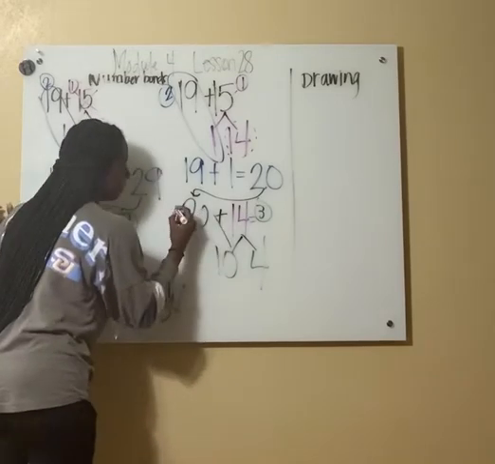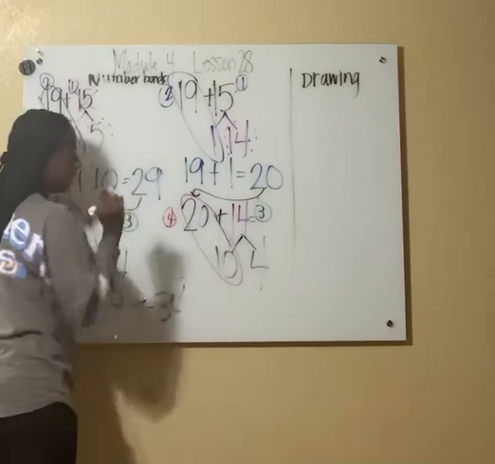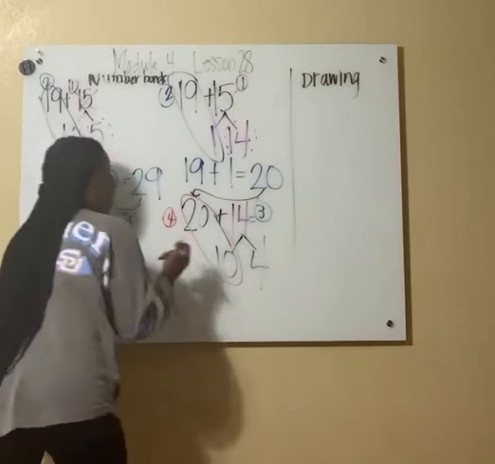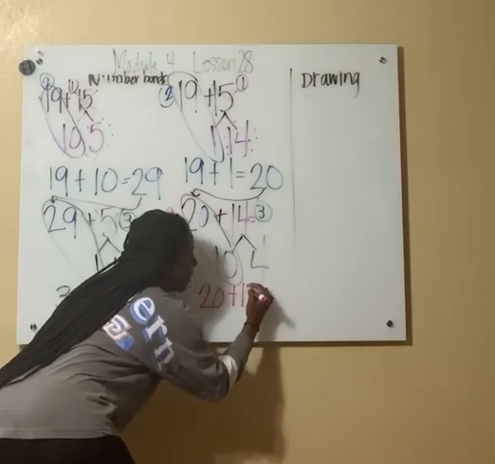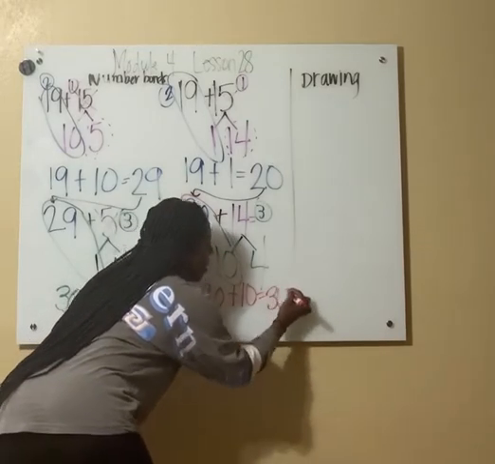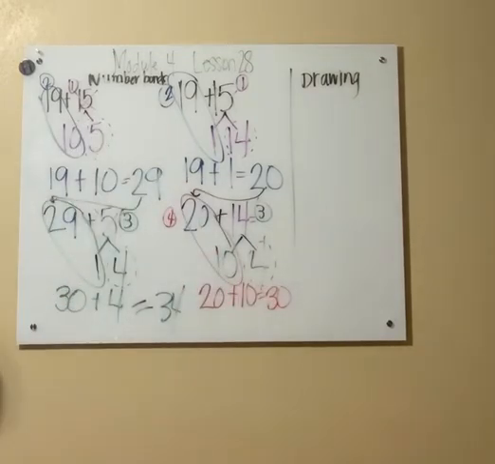So now my step 4 will be to add this 20 plus 10. Now I know that 20 plus 10 equals 30. And what do you have left? That 4.